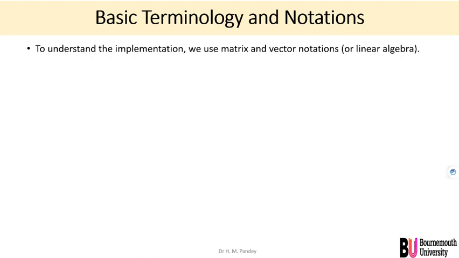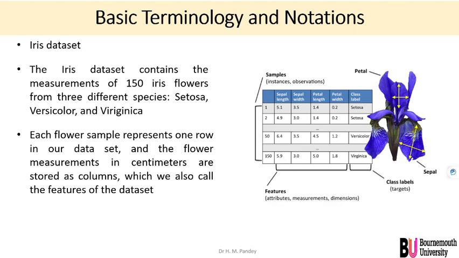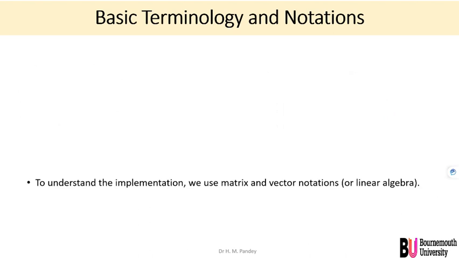To understand the implementation in matrix, that is why I said matrix and vector notation, you should know how you will represent your data set in the form of matrices and vectors. If you are unable to understand this process, it will be hard for you to implement Python code for processing your data set.